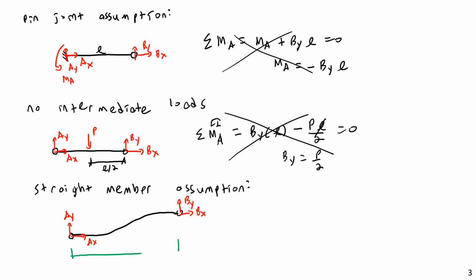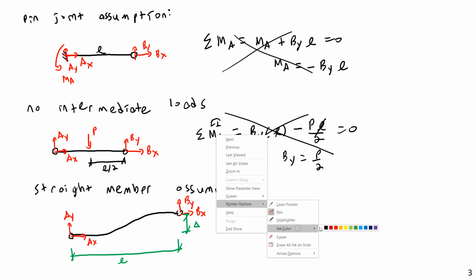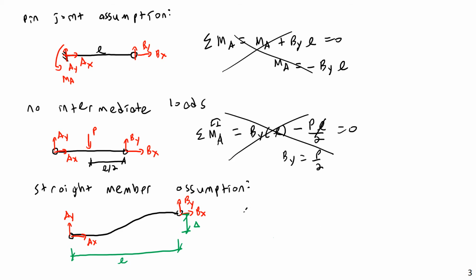So I'm going to go ahead and label this L and this offset delta. And let's go ahead and do a balance of moments about joint A again. So moments about point A.